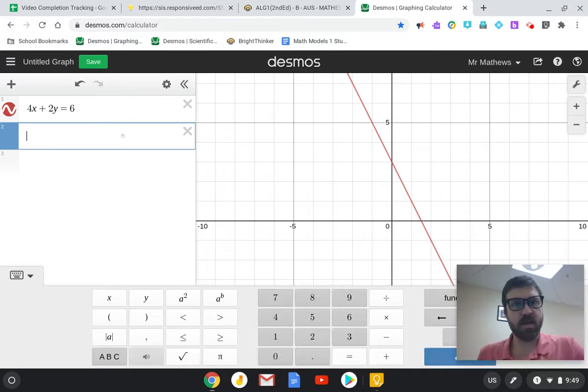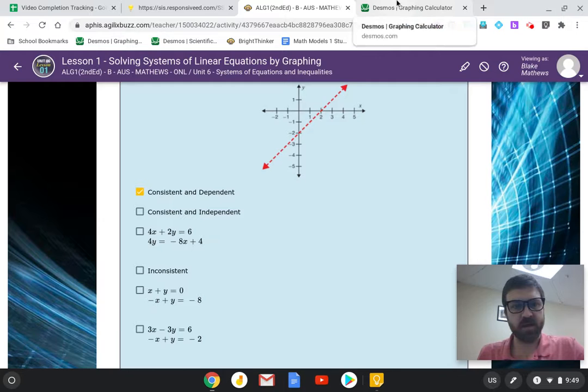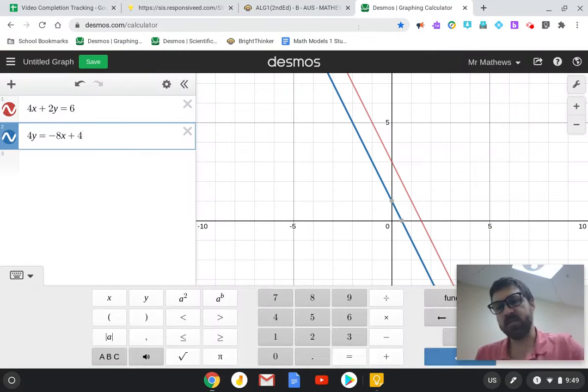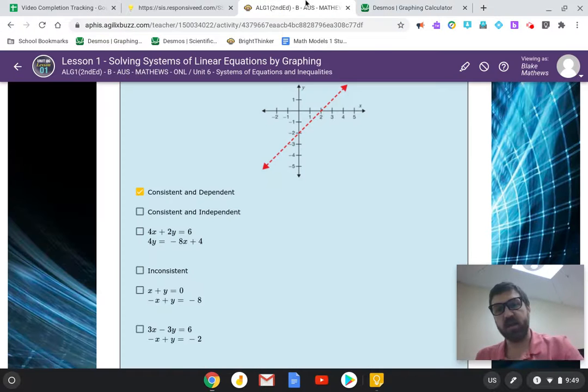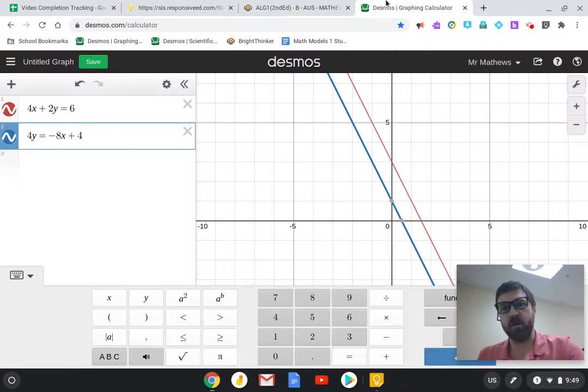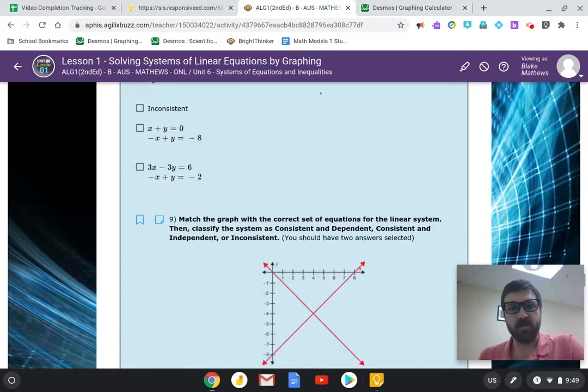Okay. And then the other one is 4y equals, but I'll be honest, I can already tell by the look of it that it doesn't work. Plus 4. Okay. So you can see right away, these lines don't look like this line. They don't go across the graph in the same way. Also, they're not the same. They're parallel. So clearly that one's not the answer.